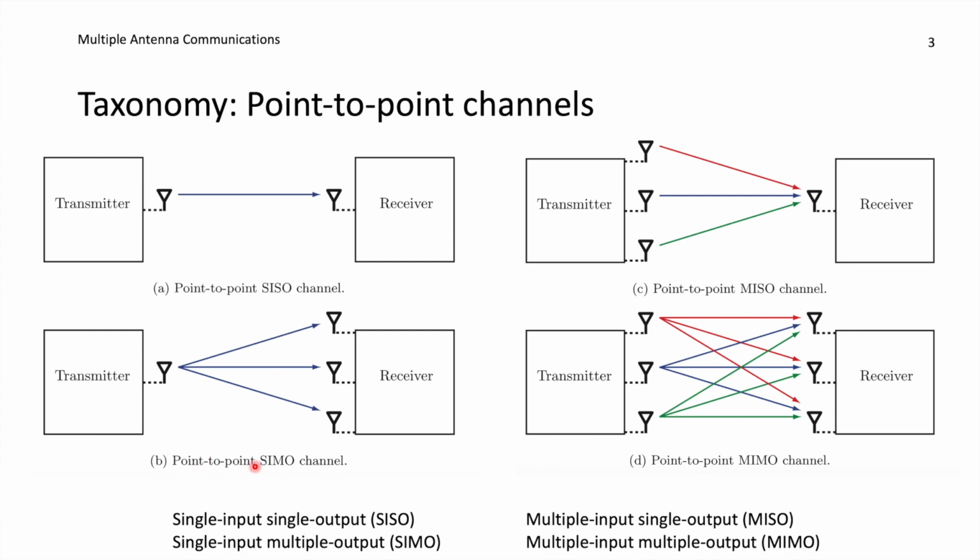In the point-to-point SIMO channel, which stands for single input, multiple output, you have multiple antennas but only at the receiver side. In the point-to-point MISO channel, which stands for multiple input, single output, you have multiple antennas at the transmitter. And finally, in the point-to-point MIMO channel, which stands for multiple input, multiple output, you have multiple antennas at both the transmitter and at the receiver.